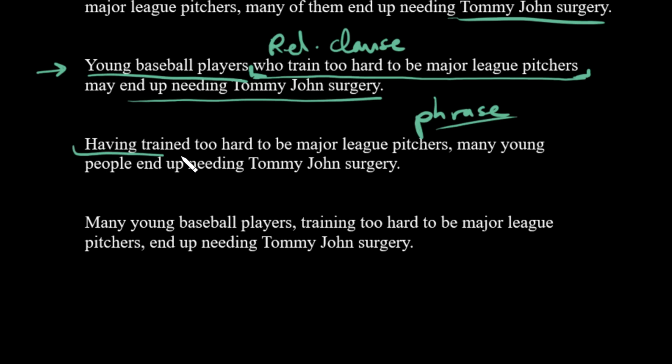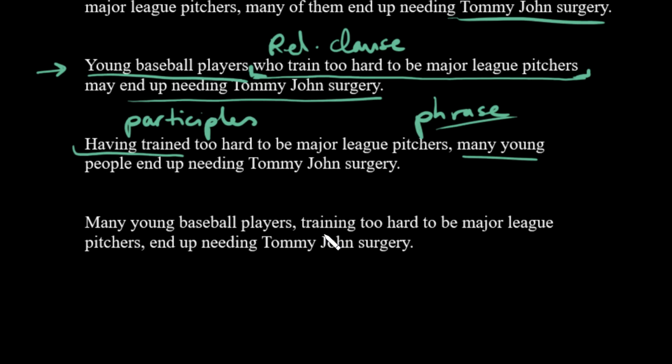So we have having trained, and these participles start a participial phrase. You can see that this is a phrase because there's no subject in this part of the sentence. It doesn't say who has trained. We have to wait for the answer to that till the main clause. So that's one way to do it.